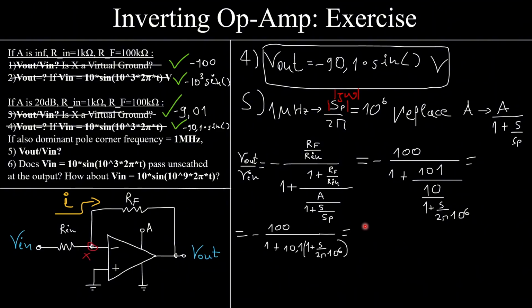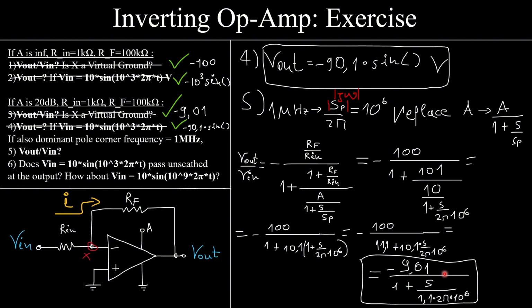Now, I'm going to do some math over here. I multiply this with this, and then I divide this with this. And then I do a little bit more math, and I reduce my equation to something useful, which is an expression like this, which means that I have something at the denominator over 1 plus the frequency, or the speed, over some value over here, which is the new pole of this whole configuration.